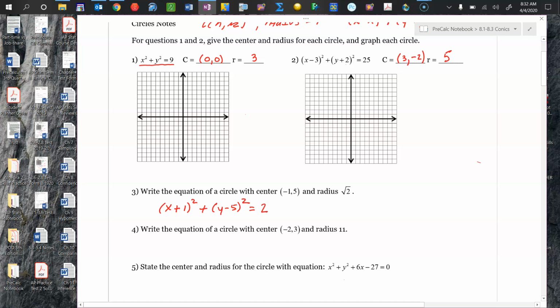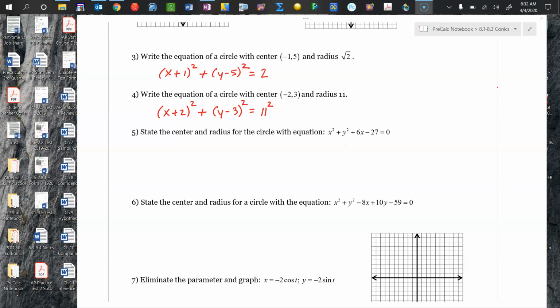Number 4, similar, and it would go something like this. x minus -2, which is the same as x plus 2, quantity squared, plus y minus 3 quantity squared is equal to 11 squared.